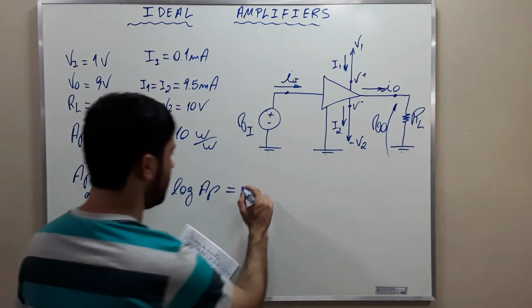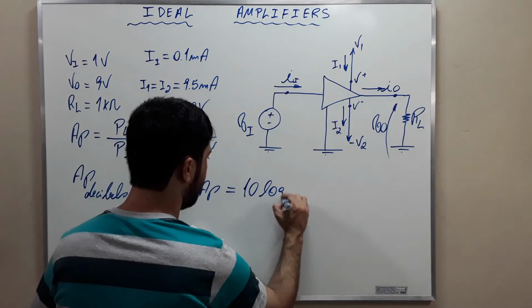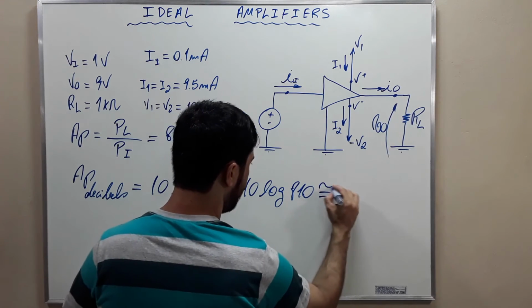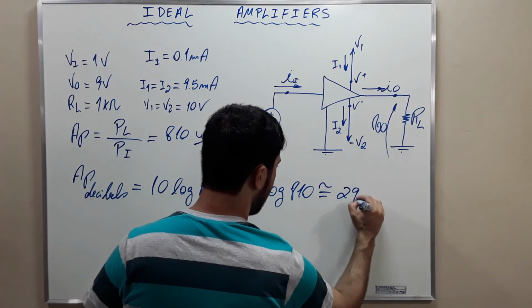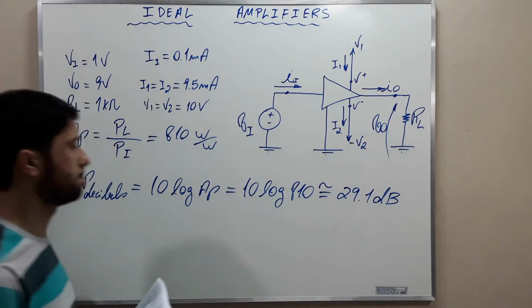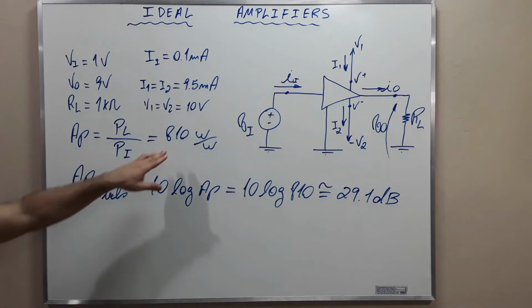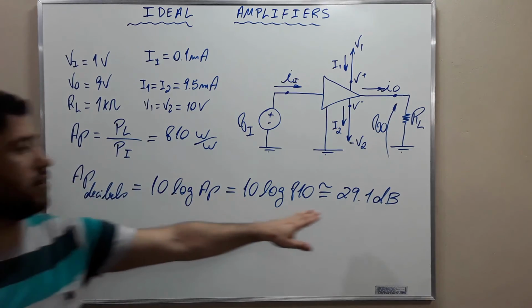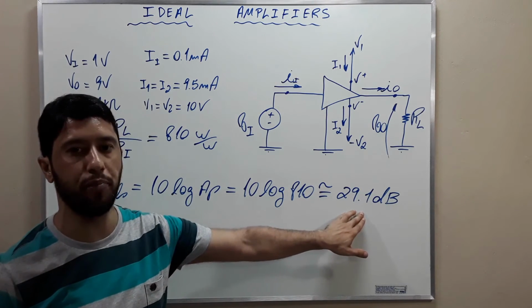It is 10 times the logarithm of 810, which is approximately equal to 29.1 decibels. This is the power gain in watts per watt, and this is the power gain in decibels.